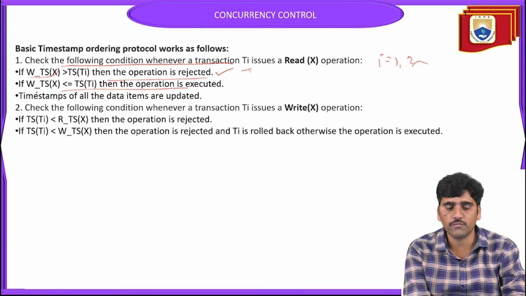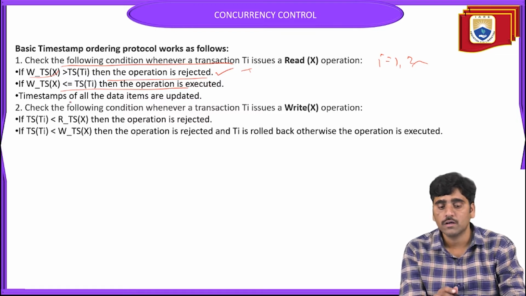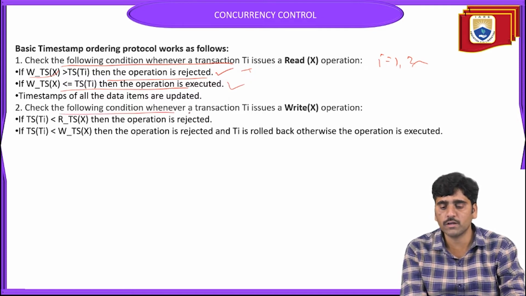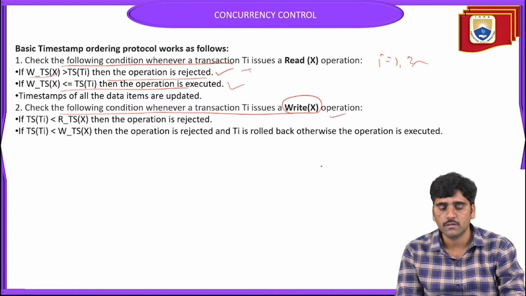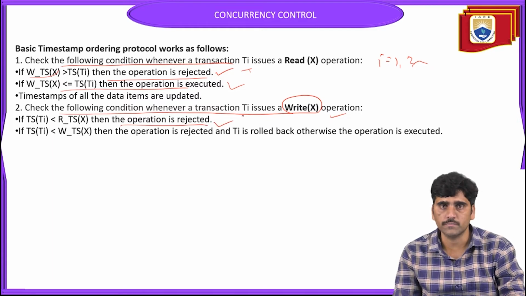So here, if the write timestamp of x is less than or equal to the timestamp of the transaction, then the operation is executed. In the same way, check the following condition for write operation. If the timestamp of transaction Ti is less than the read timestamp of x, then the operation is rejected.